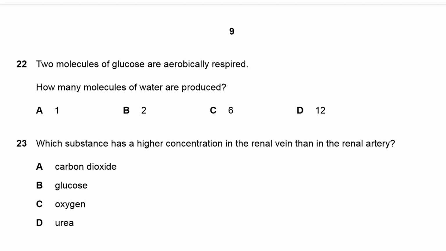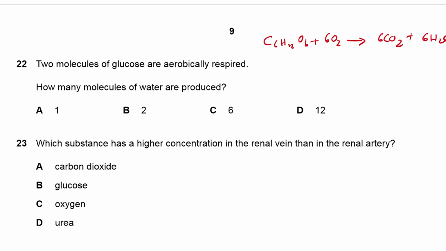Number 22 says 2 molecules of glucose are aerobically respired. How many molecules of water are produced? So we know that glucose is C6H12O6. Alright, so it's undergoing aerobic respiration. So 1 molecule of glucose will give us 6 carbon dioxide plus 6 molecules of what? Of water.